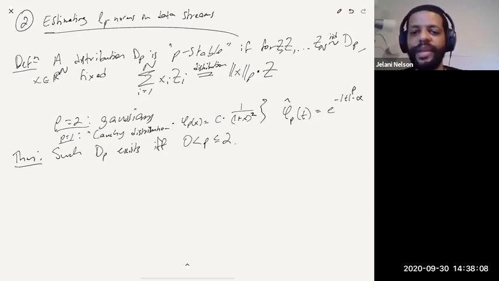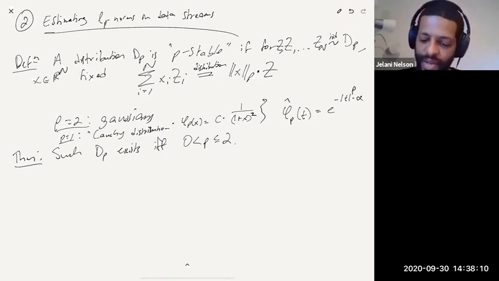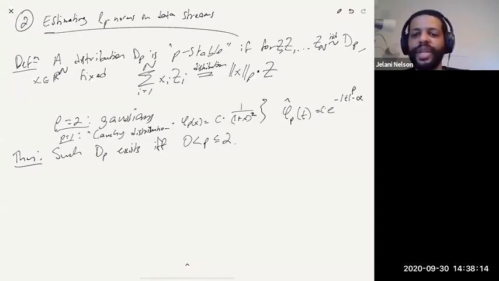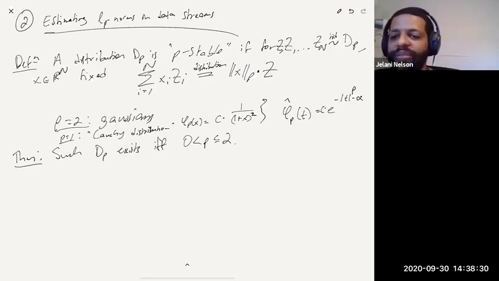Maybe there's some normalizing constant out here too. I'm not sure, but it looks something like this. And that is the fact that this is p-stable. What you always have is a closed form for the Fourier transform, but what you might not have is a closed form for the actual PDF.